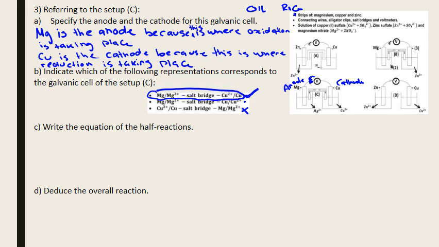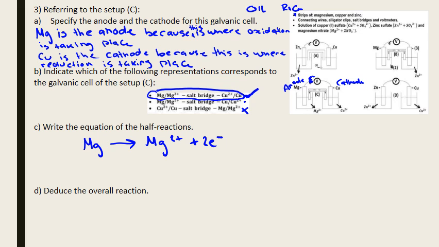And then it says, write the equation for the half reactions. So Mg. Okay. We first had magnesium. This became Mg2+, and it lost 2 electrons.